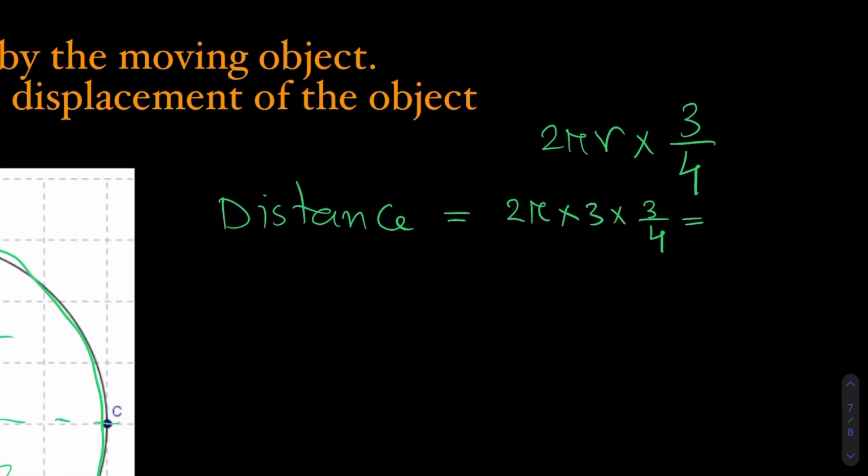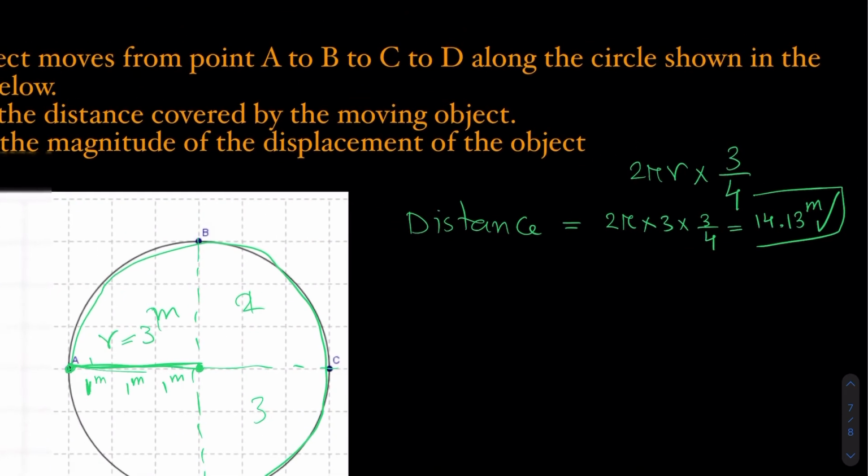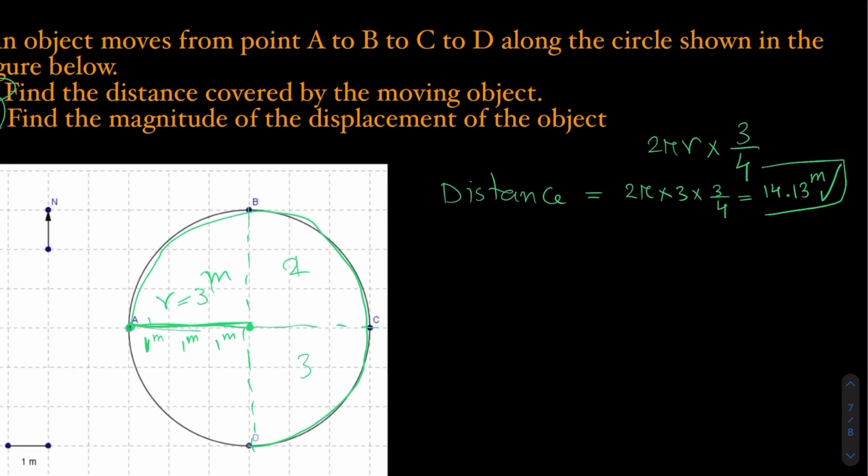And if we calculate it, it will be equal to 18 pi divided by 4, which gives us about 14.13 meters. So this is the distance from A to D.